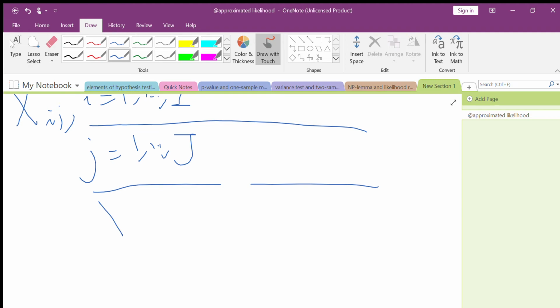So xij, we think, takes value 1 with probability pij, and takes value 0 with probability 1 minus pij.